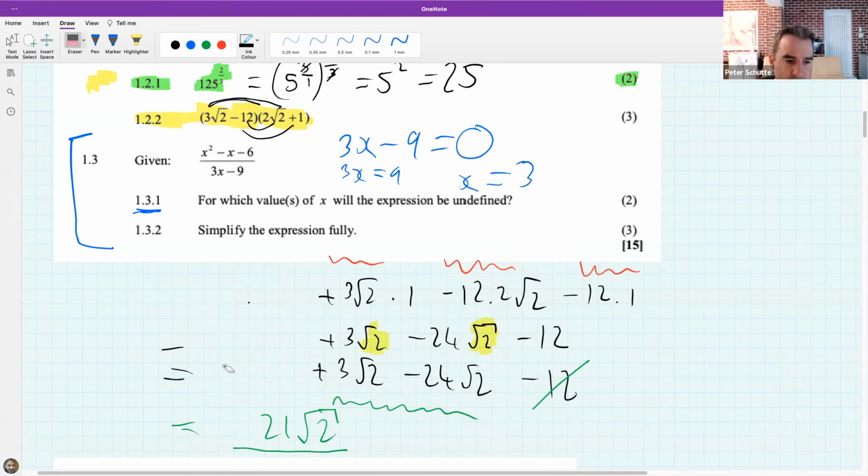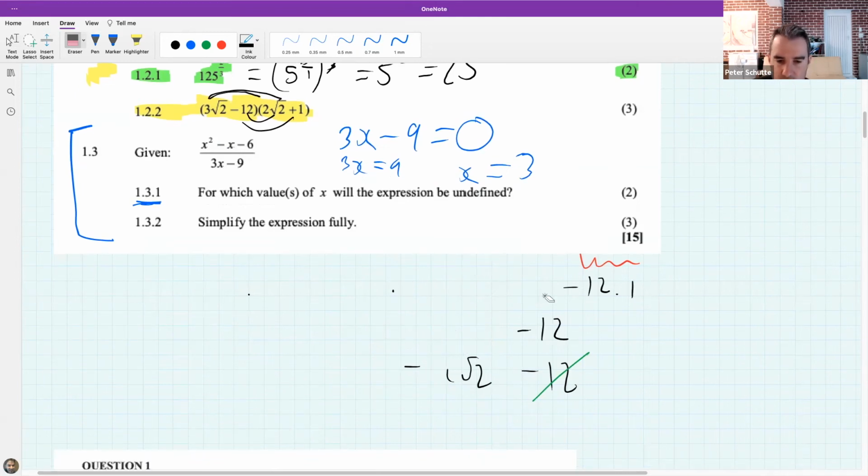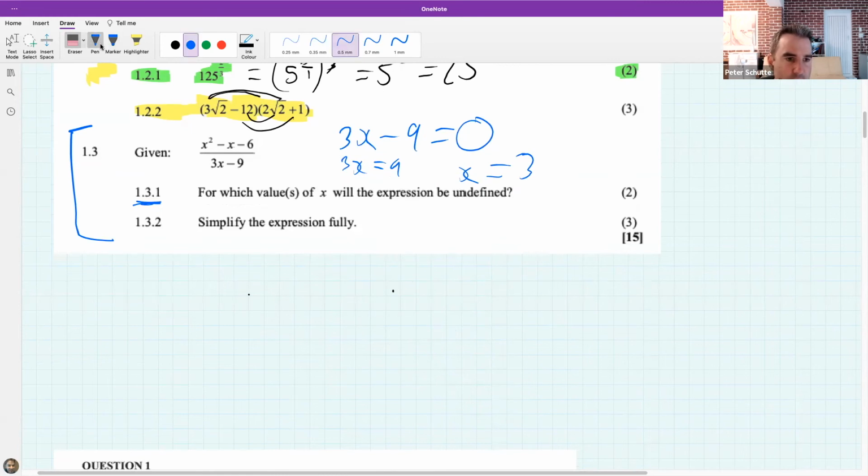Okay, now I want you to simplify this expression for me. So you're given this whole expression. If you simplify it, what is the answer going to be? Over to you guys.